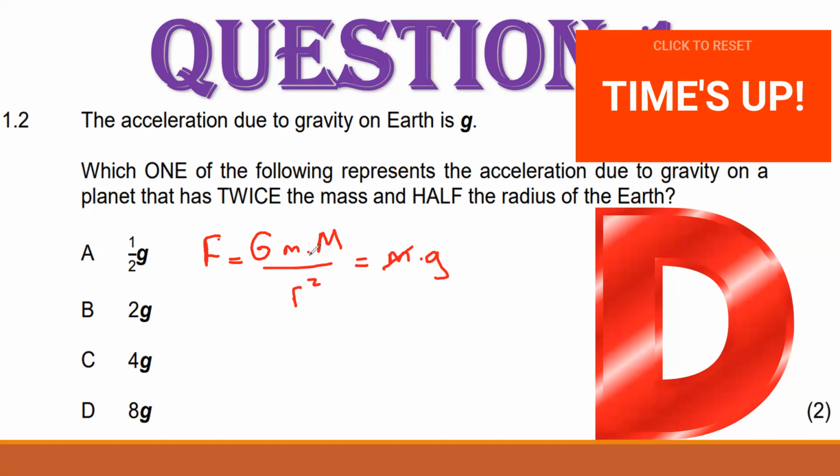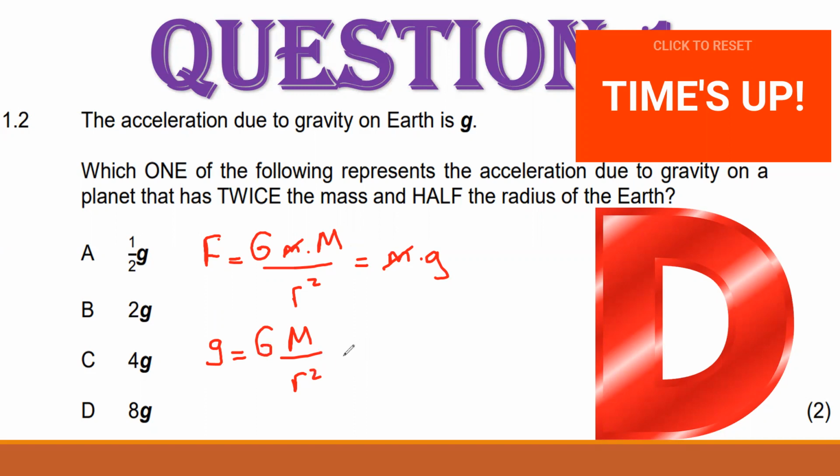If you cancel the mass here, in the formula box it sometimes straight gives you g equals GM over R squared, because both of them are gravitational force. If you write them equal and cancel each other, gravitational acceleration equals G constant number times mass of planet Earth over R squared.